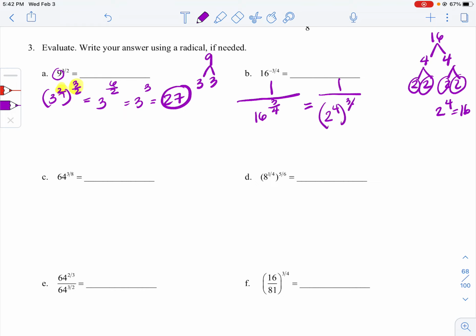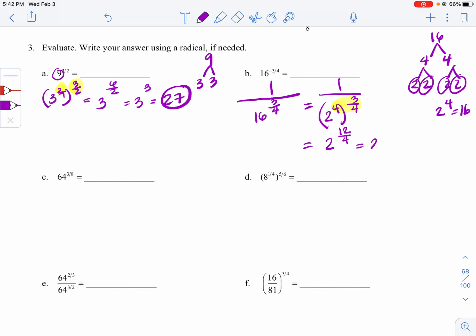Then to the power of 3 over 4. I'm not following my own rule. And we know the property of exponent called power of a power: we can just multiply the two powers. So that is 2 to the power of, technically you can cancel that, but we're going really in detail, so that's 12 over 4.